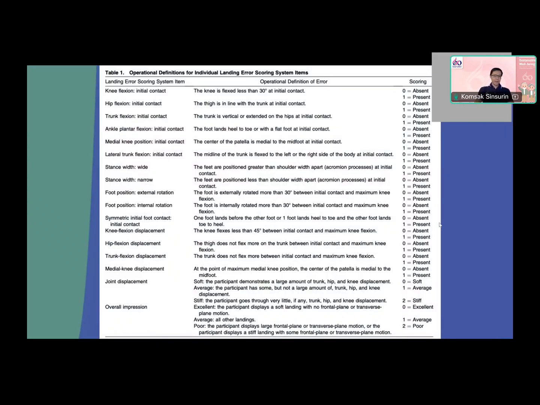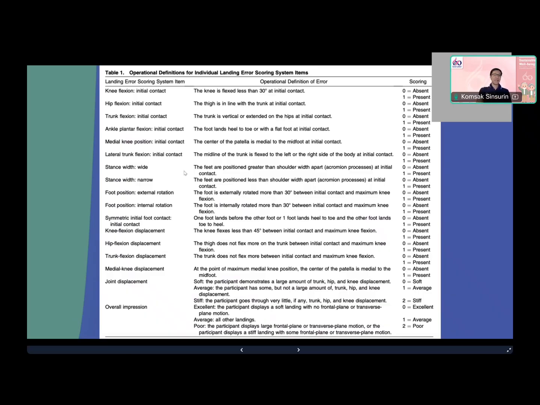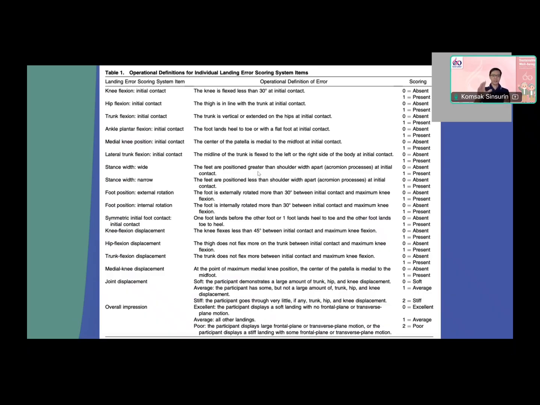As physical therapists, we can use this to assess the risk of non-contact ACL injury in the first round. When we assess the first round and find the total score is quite high, and we find the presence of movement error in certain items, we can provide instruction or educate them on how to land with the correct movement, and then let them have the training and rehabilitation.